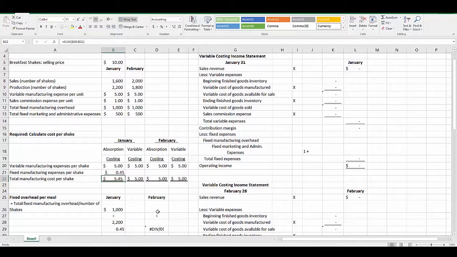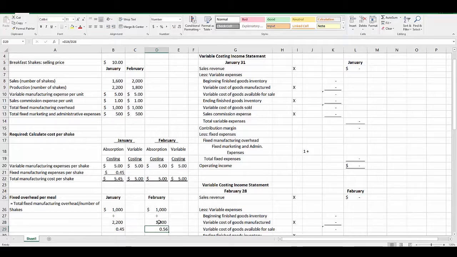Now we'll do the same thing for February. Again, we've got $1,000 of fixed expenses. In February, you only produced 1,800 shakes, so this will be divided by 1,800, which gives us 56 cents per shake.